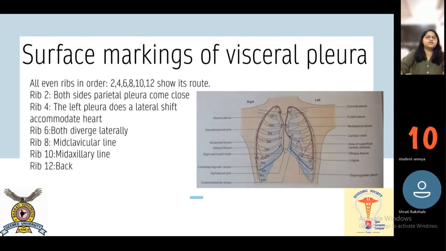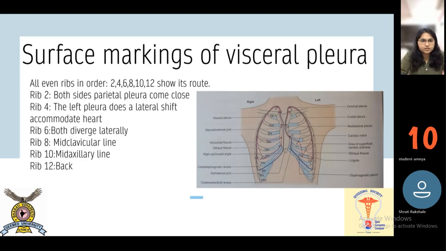Now we will try to understand the surface markings of the pleura. As you can see in the diagram, you can see different markings, and we will see the even ribs first, that is 2, 4, 6, 8, 10 and 12. It follows a particular route.